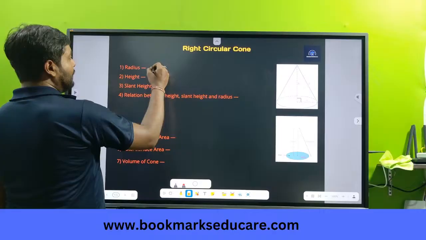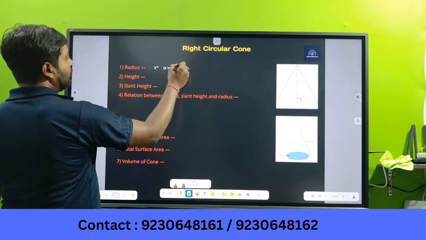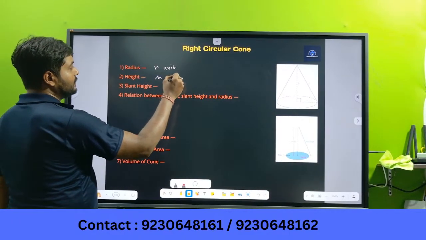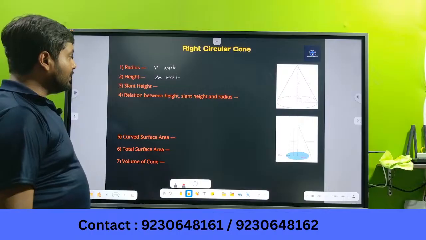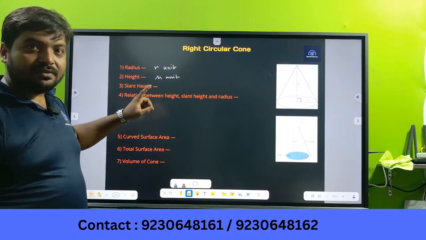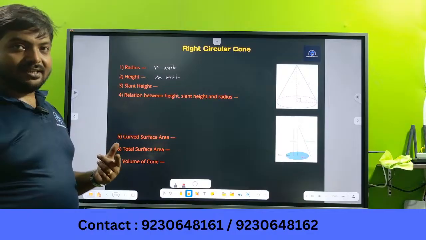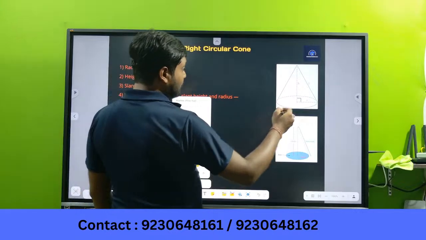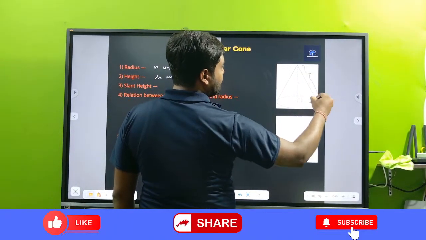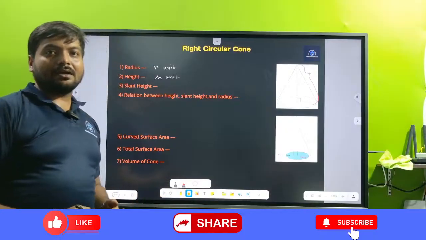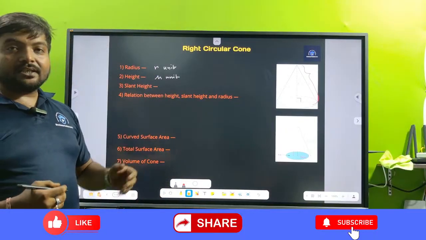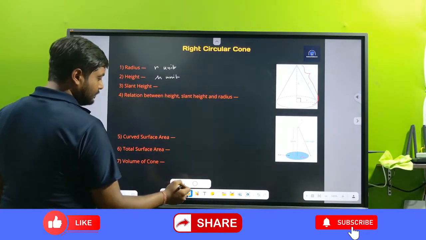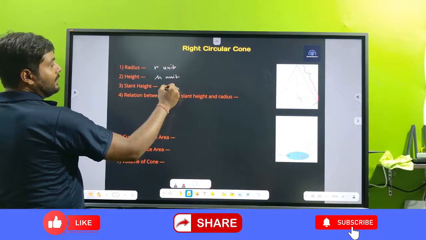Let R unit be the radius of the cone, and the height is H unit. Another term that is different from the cylinder is the slant height, the slanted portion of the cone, and the slant height is L unit.